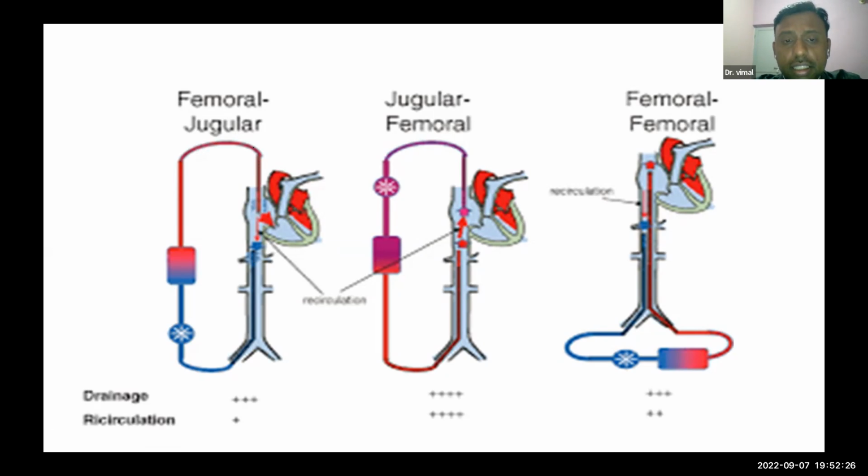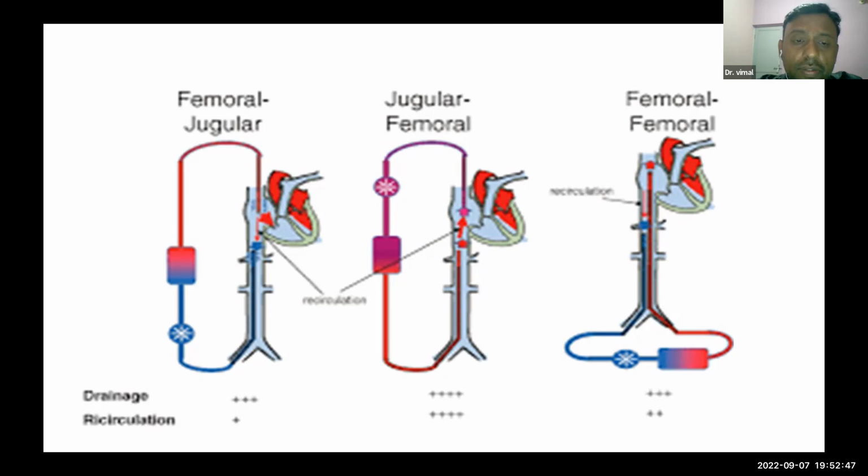The recirculation depends on many factors. Recirculation, by definition, is the oxygenated blood which is coming through the return cannula, without going into the systemic circulation, being drained out again by the drainage cannula. So recirculation is bad.